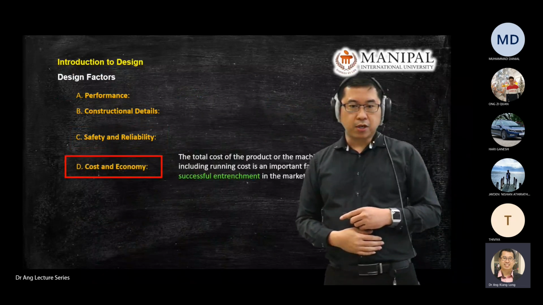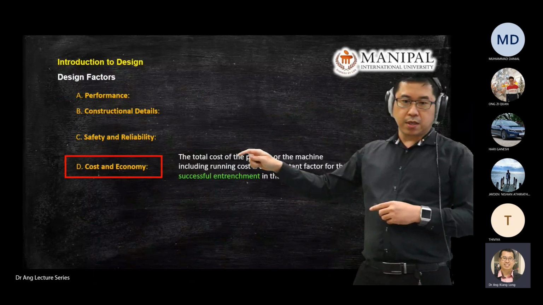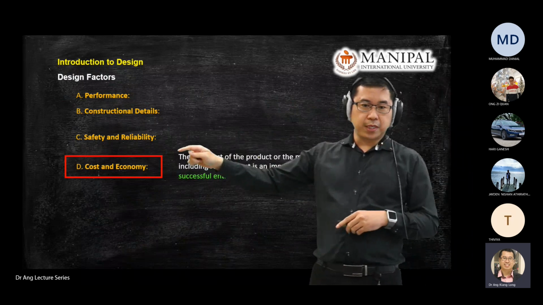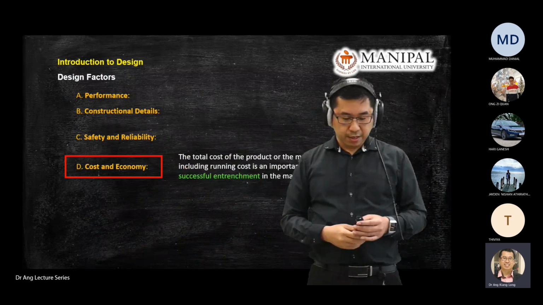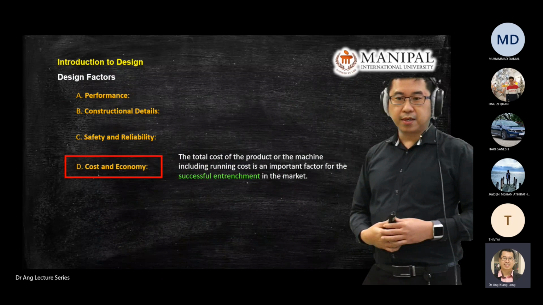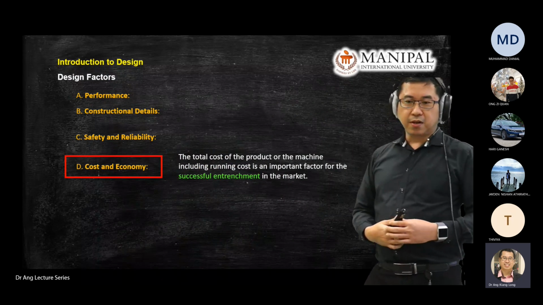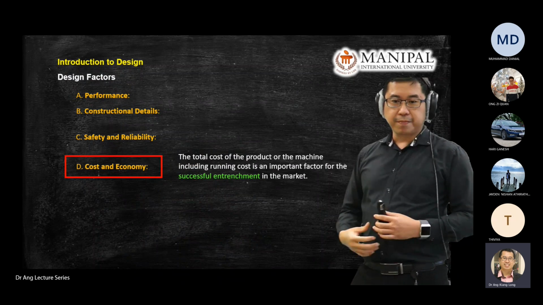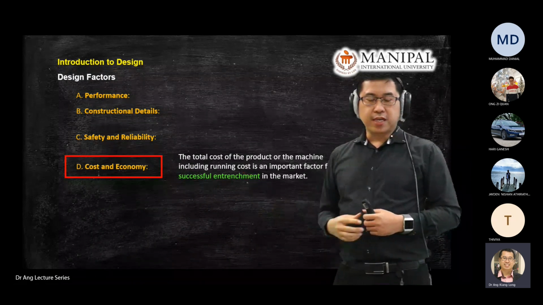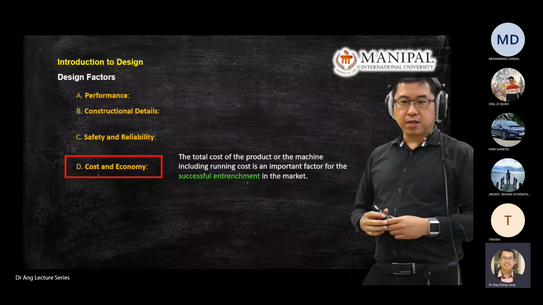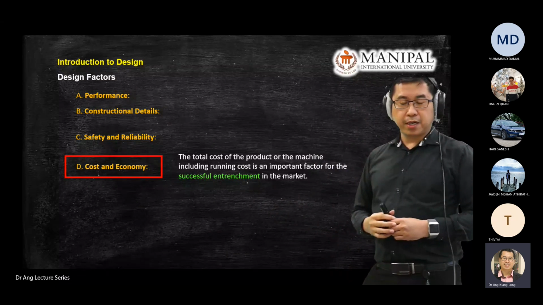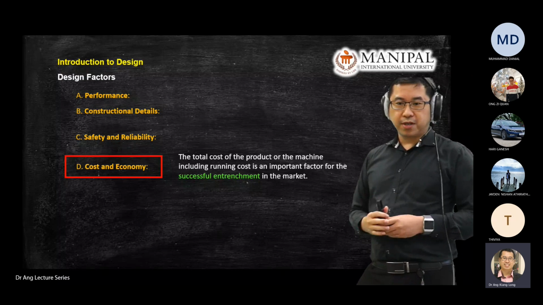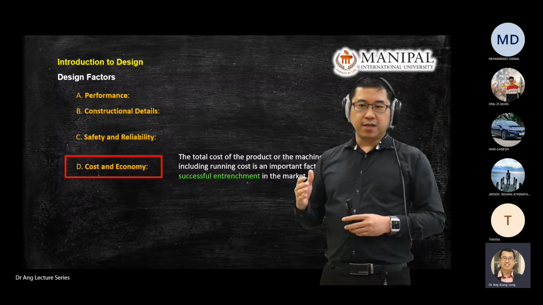The next one will be the cost. Again, if you are working outside there, this will be the defining factor whether your investor will invest or your customer will buy your products. When you are designing prototypes, one of the hidden costs will be the maintenance cost, and also the shelf life of your products.